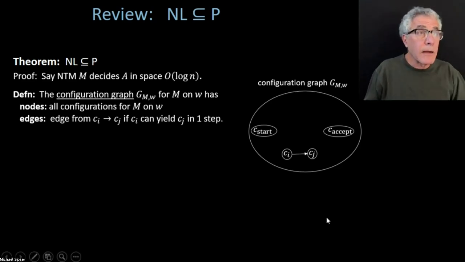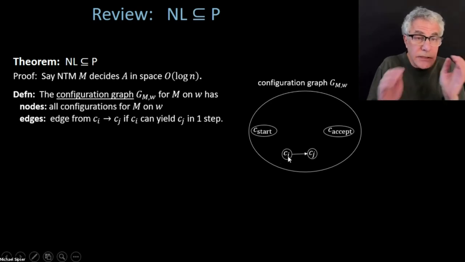So let's stick with that. A configuration graph for a machine on an input is just the set of all the possible different configurations the machine can have, with edges connecting configurations that correspond to legal moves of the machine.